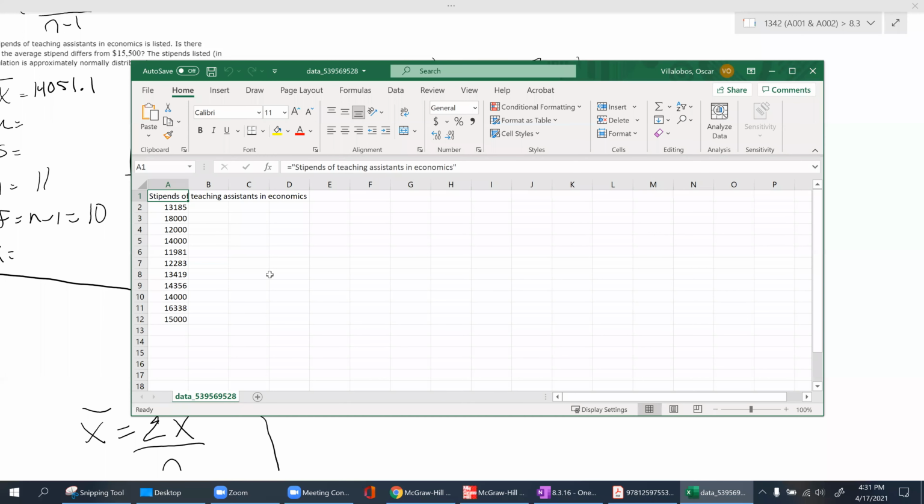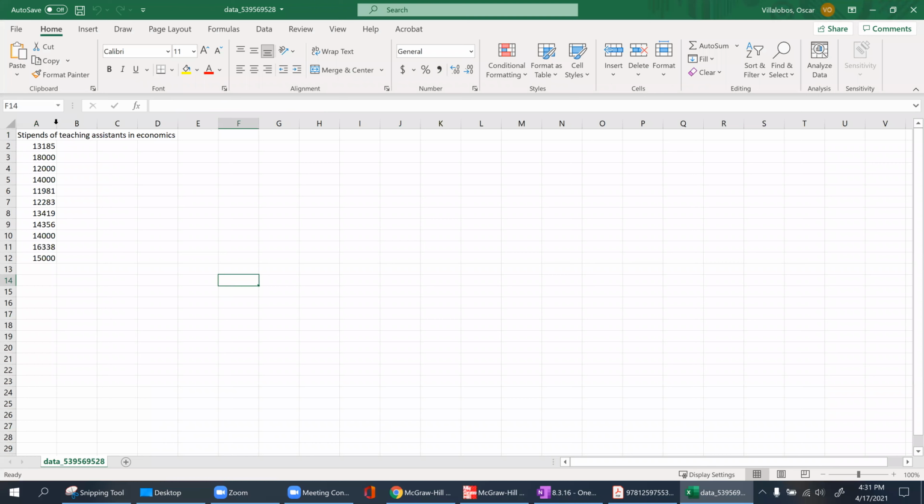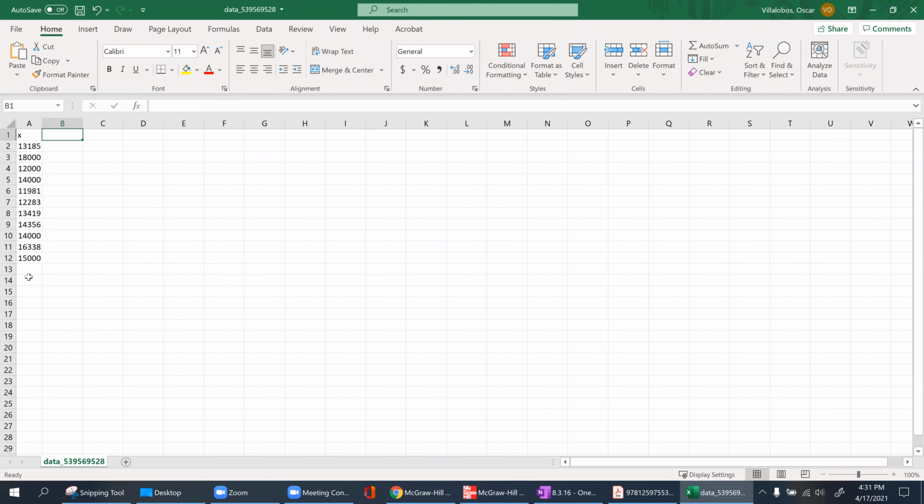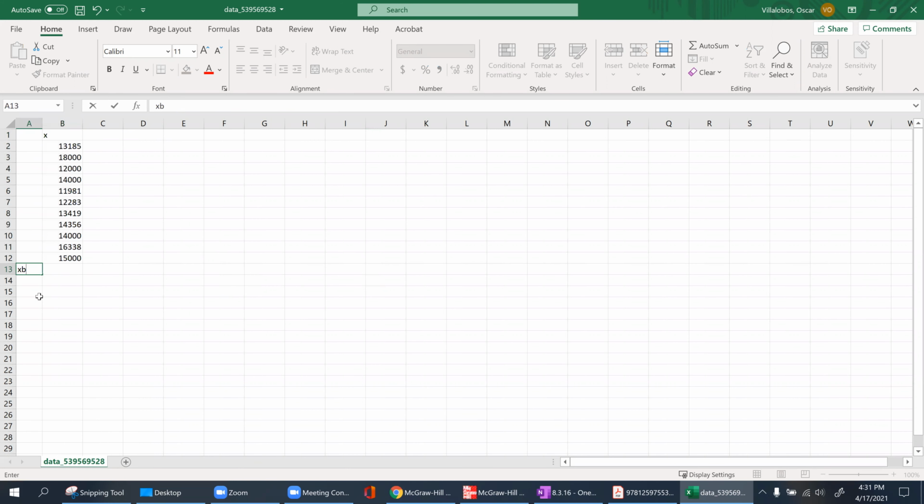Since we were actually talking about Excel, let's apply what I had mentioned. I'm going to do everything I did just now in Excel. So here's my X column. I wanted to find my X bar.